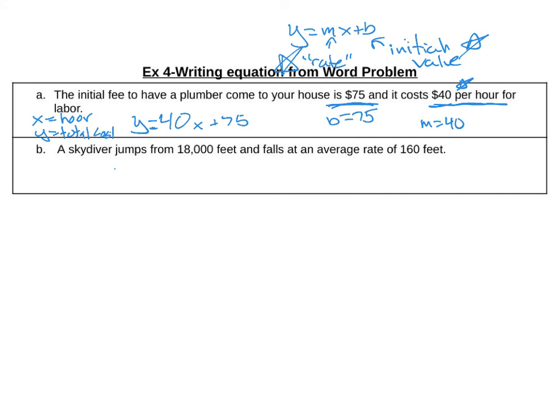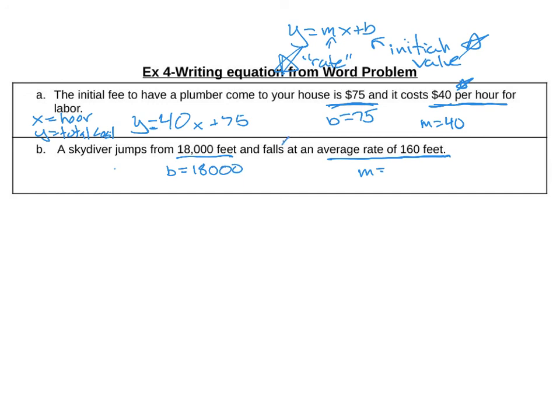All right, if we look at example B, we have a skydiver who jumps from 18,000 feet and falls at an average rate of 160. Well, right there, rate was going to be m. We know we're jumping from an initial height of 18,000.